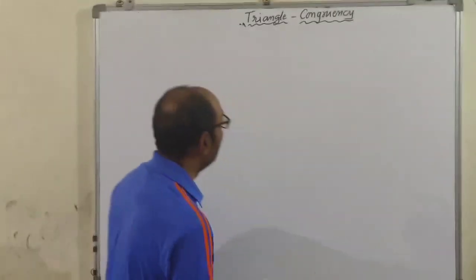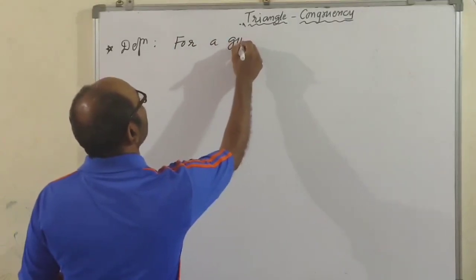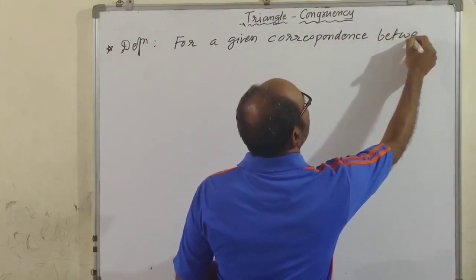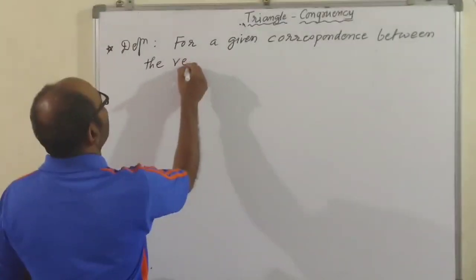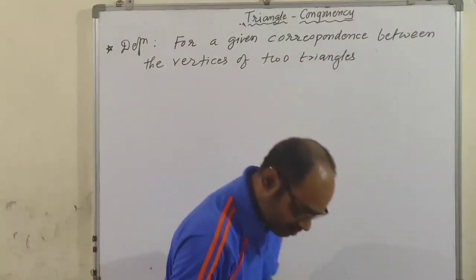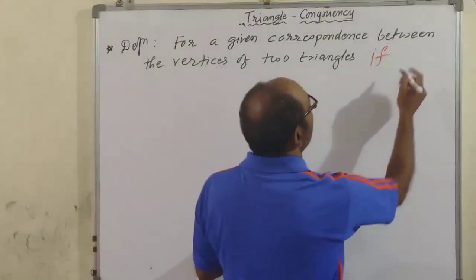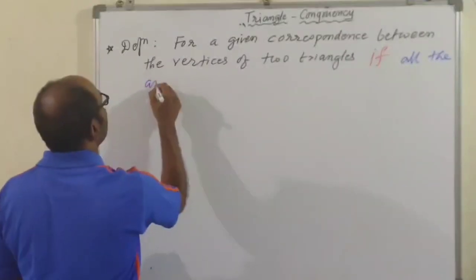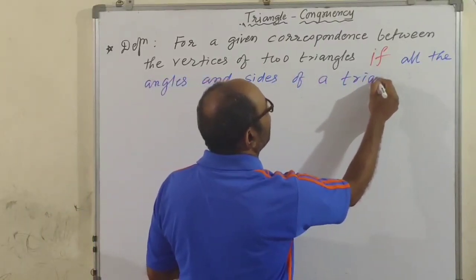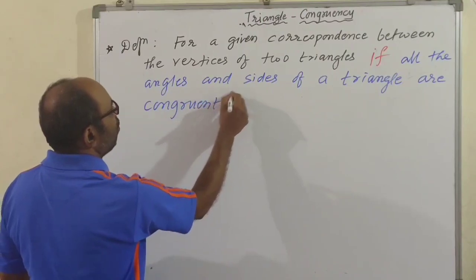I'll write that. Definition. For a given correspondence between the vertices of two triangles, if all the angles and sides of one triangle are, you can say, congruent or equal.